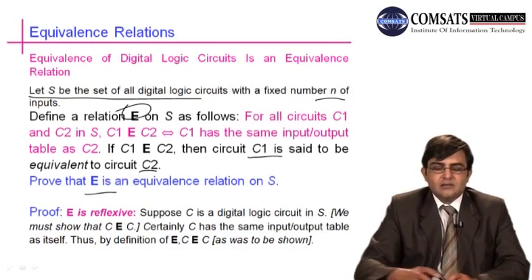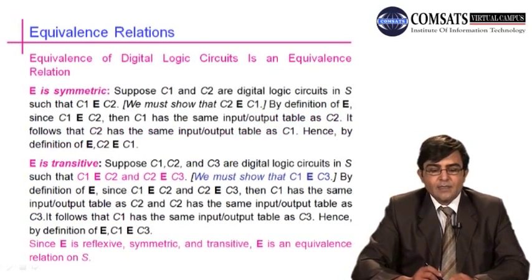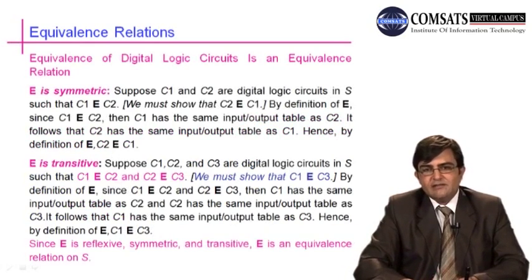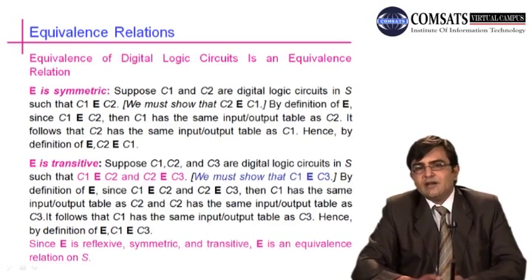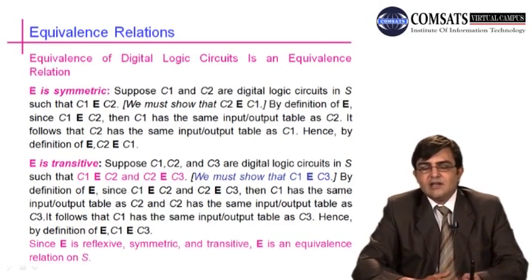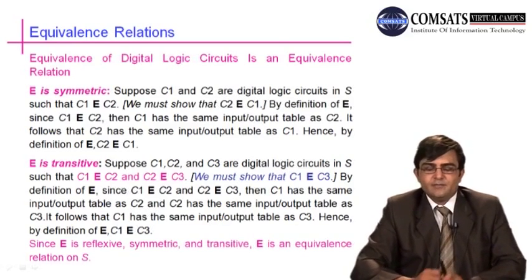Now we have to check the second property, which is the symmetric property of the relation. If C1 is related to C2, then C1 and C2 have the same input-output table, meaning C2 has the same input-output table as C1.